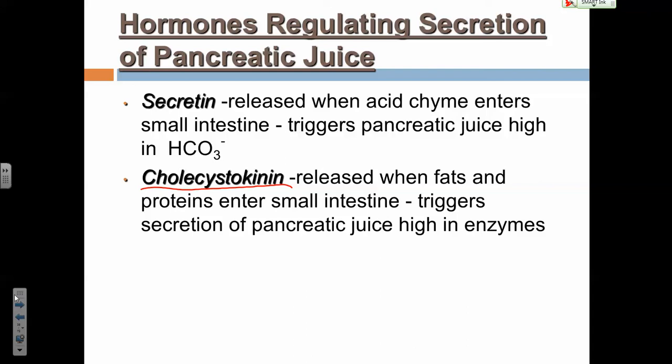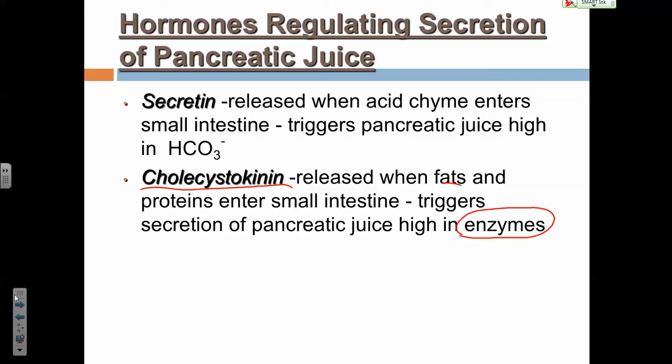How cholecystokinin affects the pancreas is that it activates the cells that produce enzymes, one of those being lipases that work on fats, but also the enzymes that work on the proteins. That's why it's proteins and fats entering the small intestine. But anyway, it activates those serous cells that are producing the enzymes.